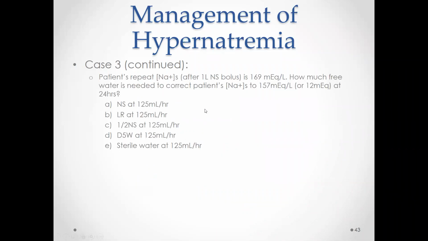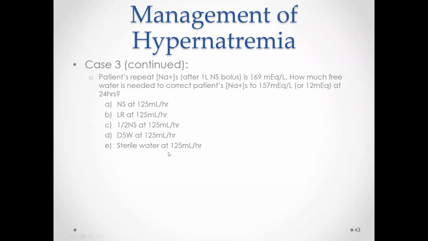Okay. So the repeat sodium after was 169. How much free water is needed to correct this patient's sodium to 157, which is about 12 at 24 hours? So A, B, C, D, or E. After going through the calculations, I think everyone would agree with me that A and B would not be the right answer.